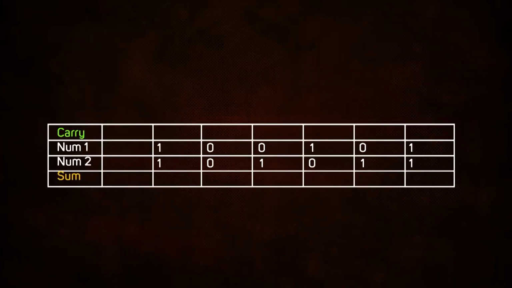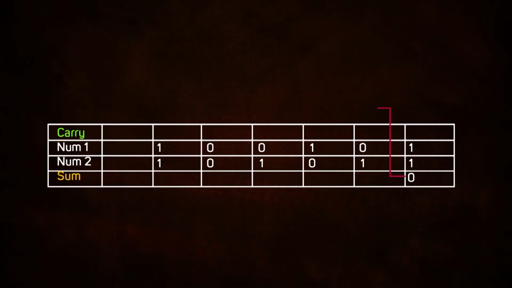For example, let us add two binary numbers 100101 and 101011. The least significant bits of number 1 and number 2, that is 1 and 1, are added first to get sum equal to 0 and carry equal to 1.